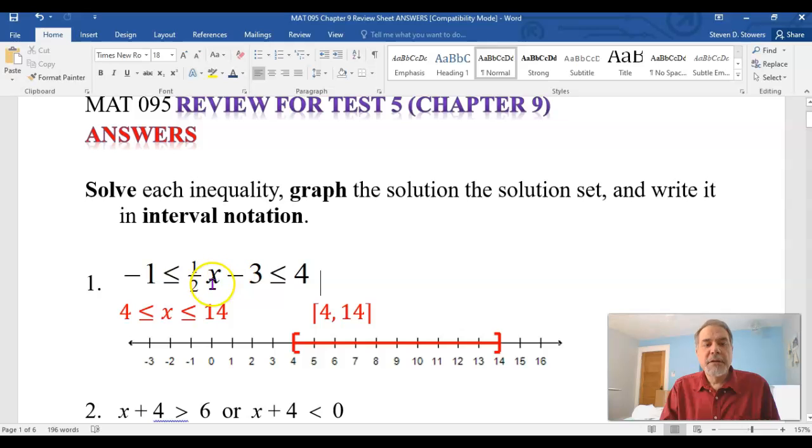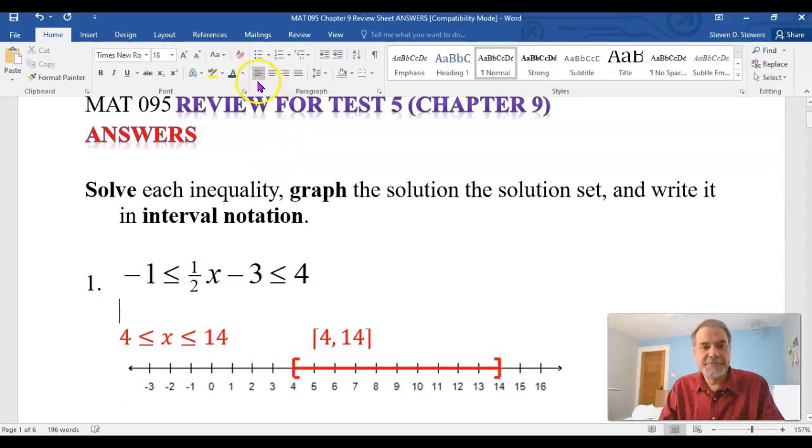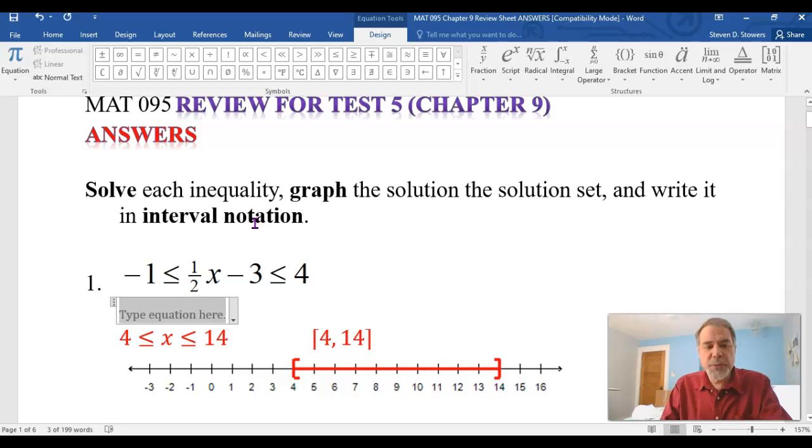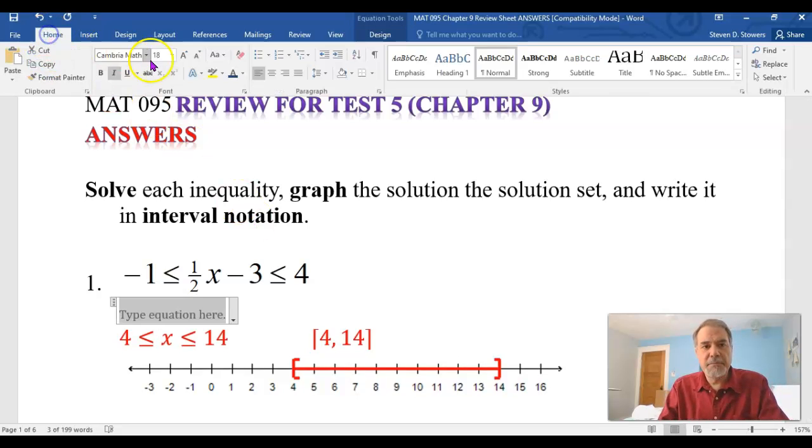So I want to end up with just x in the middle. Right now we have 1/2 x minus 3 in the middle. So I'll get rid of the minus 3 by adding plus 3. And I have to do that to all three sides. So -1 plus 3 gives me 2. Sorry, I was going to try to do that in blue.